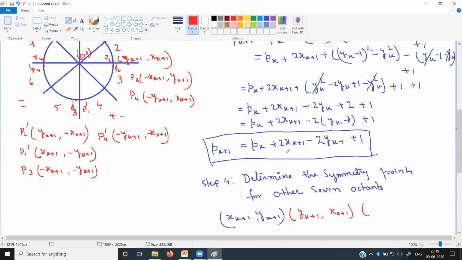So the points will be minus of xk plus 1, minus of yk plus 1.